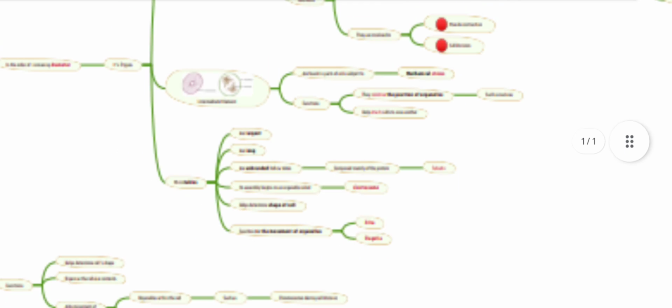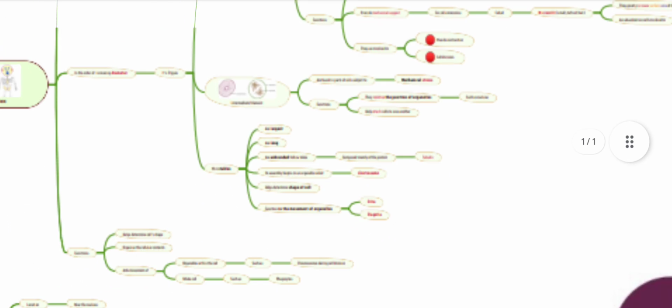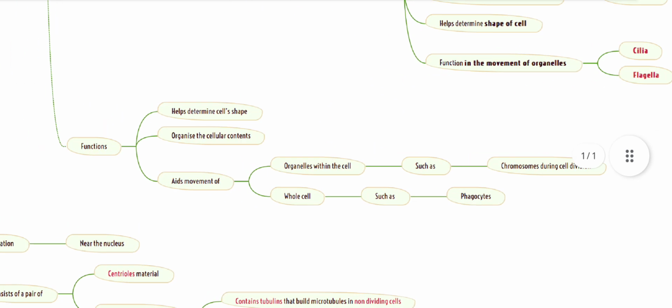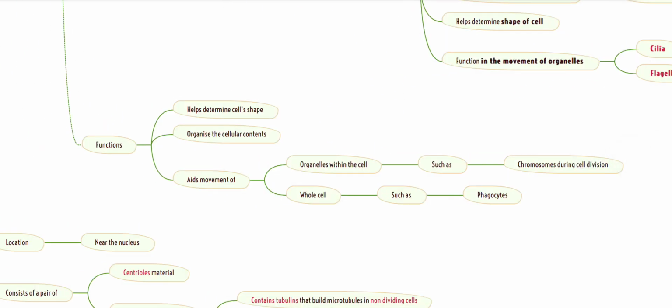cytoskeleton. Okay, guys, I hope you like it, but we have the main functions of cytoskeleton. Its function helps determine the cell shape, just like we talked about with the microtubules. Okay, it organizes the cellular contents, just like intermediate filaments, and aids movement of organelles within the cell, such as chromosomes during cell division, and whole cells such as phagocytes.